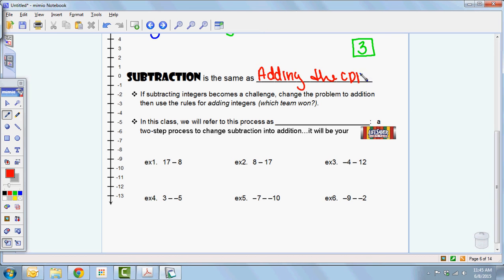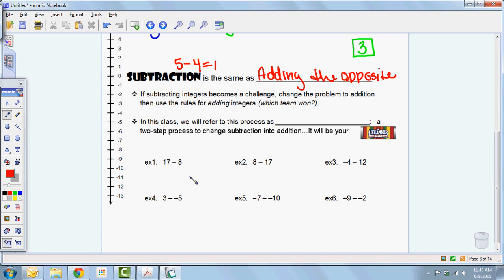Now the reason we have this rule and the reason we're talking about adding the opposite is if you look down at the bottom here when you see two negatives, that's when this rule is going to be really, really helpful. This rule is not helpful if you see something like you saw in 3rd grade, like 5 minus 4. 5 minus 4 you should be able to do in your head no problem. It's just 1, right? Adding the opposite is helpful when you see a smaller number minus a bigger number, or two negatives right here.